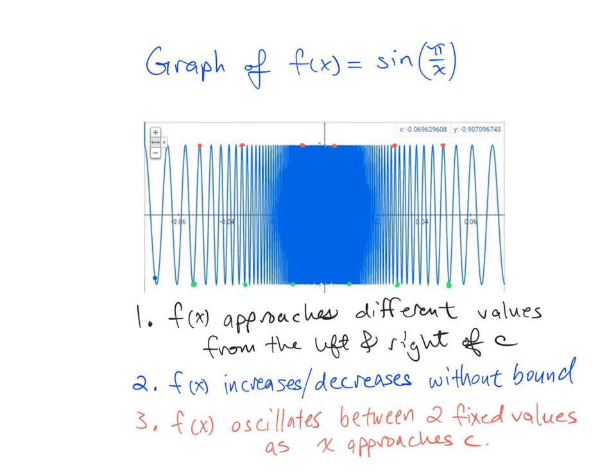F of x increases or decreases without bound. We only looked at that in the graph portion, and I'll talk a little bit more about that when we start talking about infinite limits. And f of x oscillates between 2 fixed values as x approaches c. That is what we talked about right here. It just keeps oscillating between 1 and -1, and we don't know what the limit is supposed to be here.